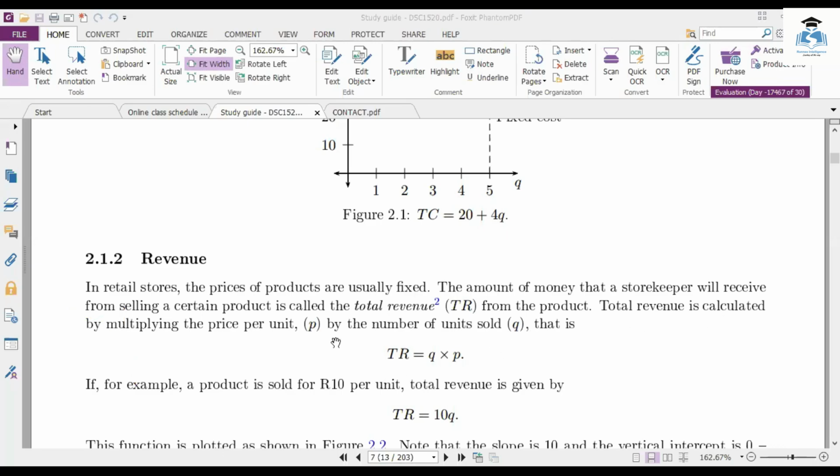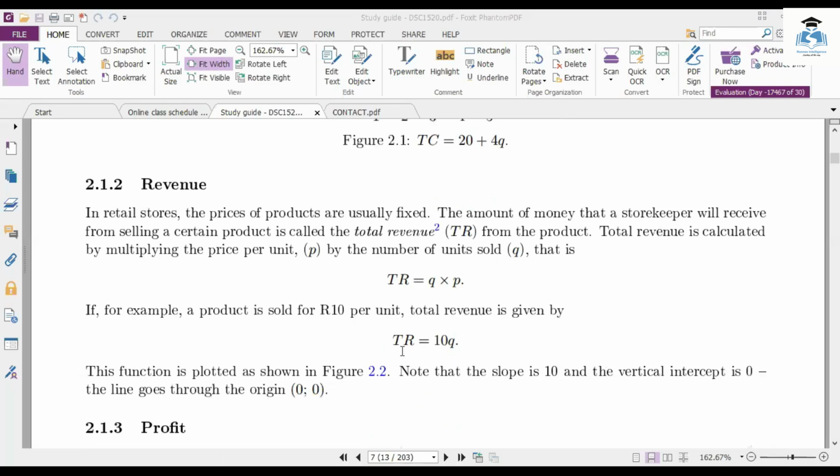So total revenue is calculated by multiplying the price per unit, represented by P, by the number of units sold, represented by Q. That is, TR, which is total revenue, is equal to Q times P. This formula is very short.